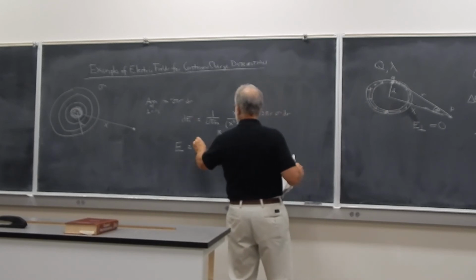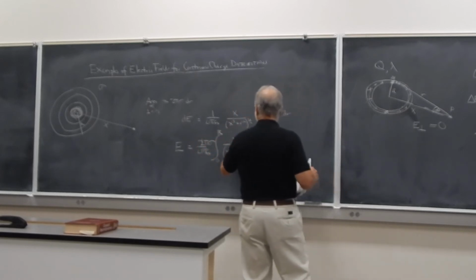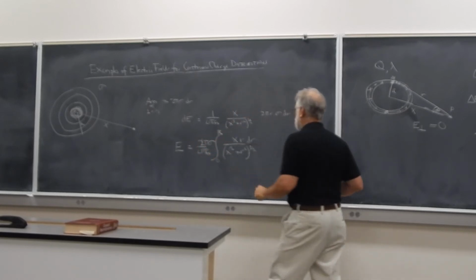And up top we have a 2 pi sigma. I can pull that out of the integral. And I have an r dr.